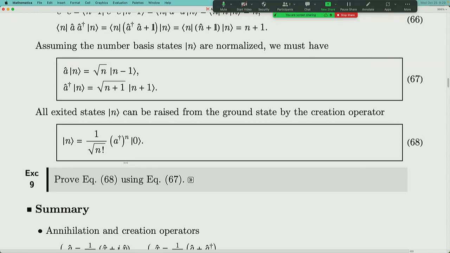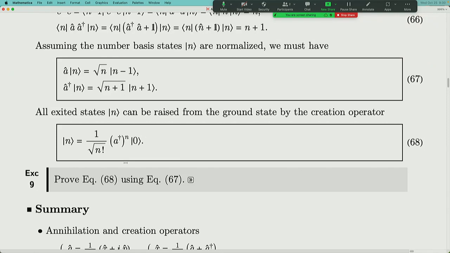And that basically means that the 3 particle state can be written as A dagger cubed acting on the vacuum state divided by square root of 3 factorial. And that actually generalizes to any particle number. So in this way, we have established what these eigenstates are.